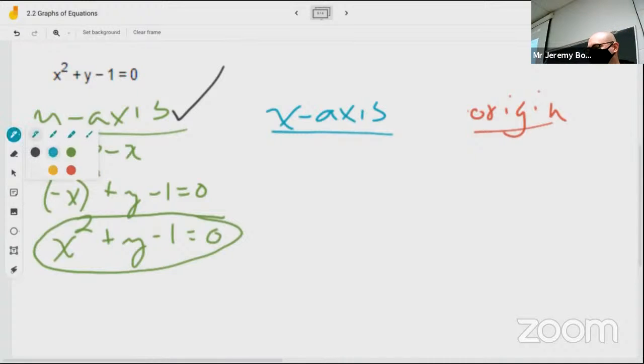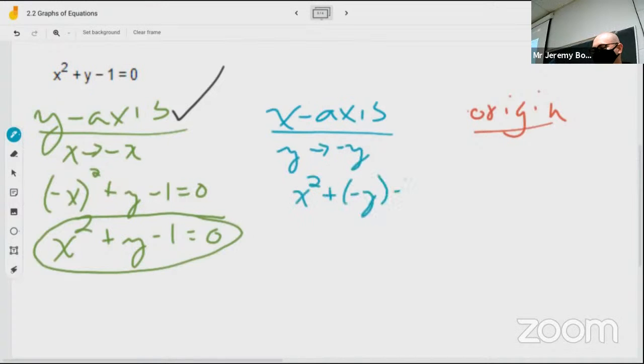Start with the x-axis. So remember, we're going to replace y with negative y. We have x squared plus negative y minus 1 is equal to 0. Can't really evaluate that too much. I mean, we could make it x squared minus y minus 1 is equal to 0.